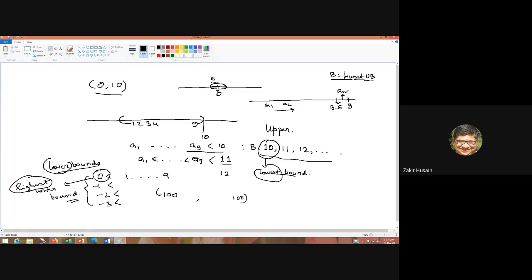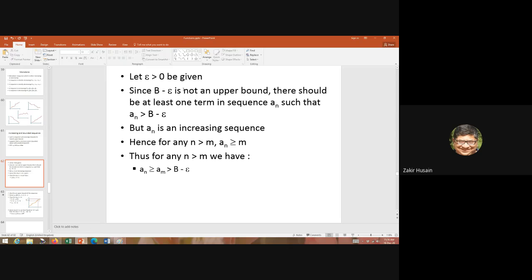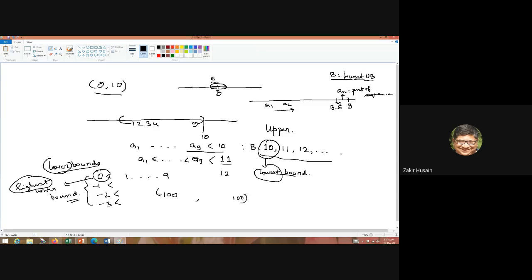We can define a point like this, which lies between B and B minus epsilon. This is part of the sequence. So what we're saying is that if B minus epsilon is not a boundary, then it should have some points in between.